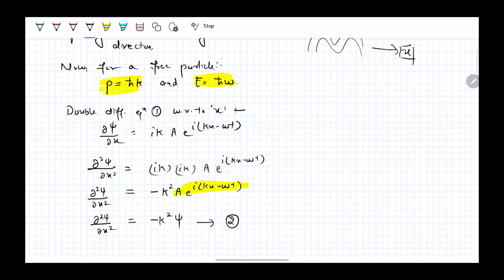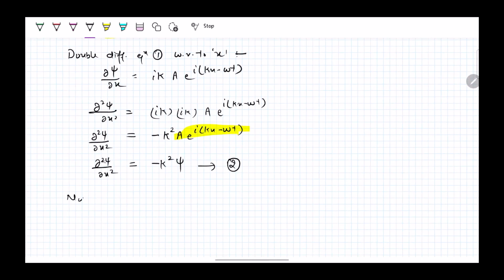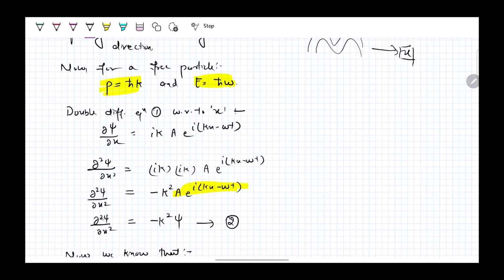All right, now we know that energy is equal to p square over 2m, and we can write the value of p from this particular set of equations, let's say equation set a.